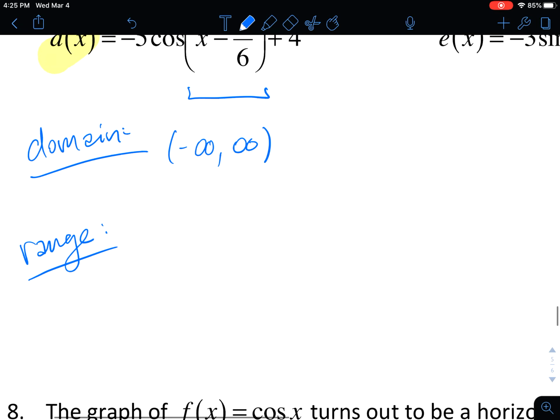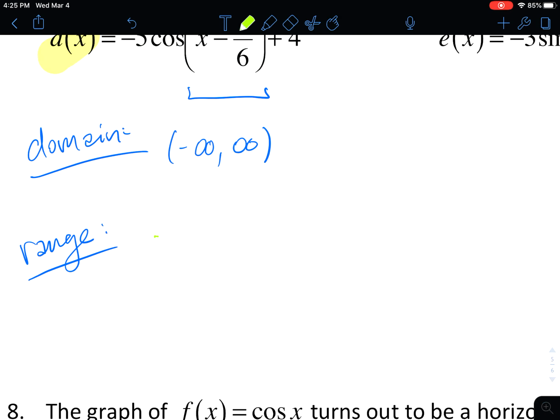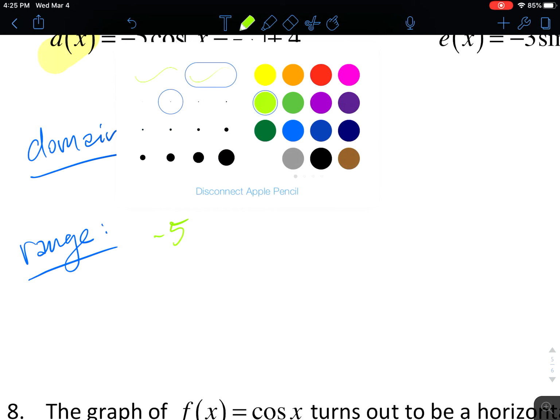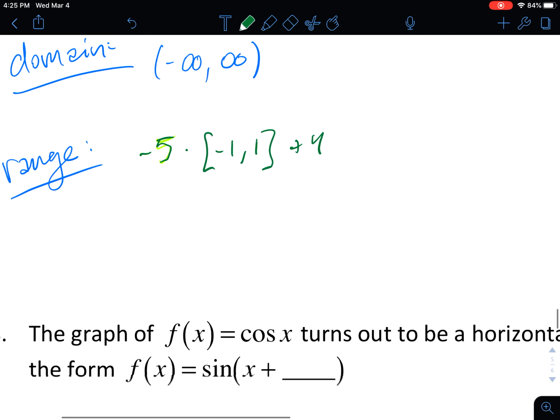The range, a little bit more difficult, but using the algebraic technique that we used last time, I can think of this as negative 5 times something on the range from negative 1 to 1 plus 4.